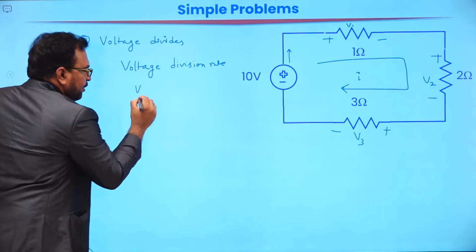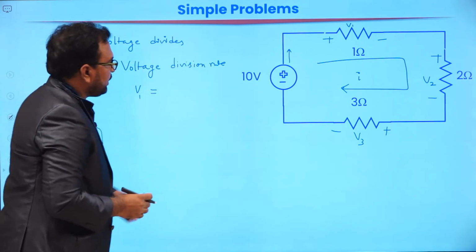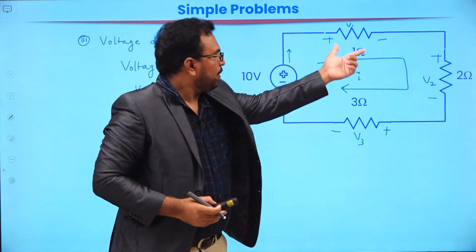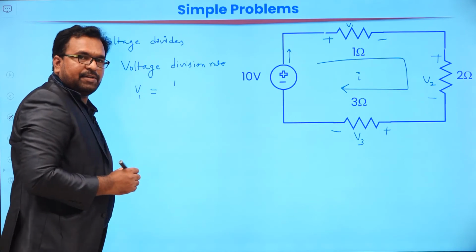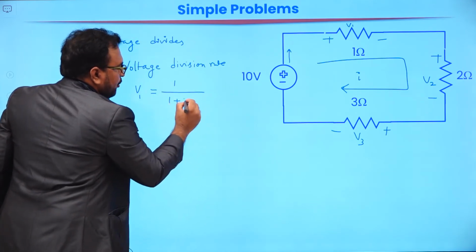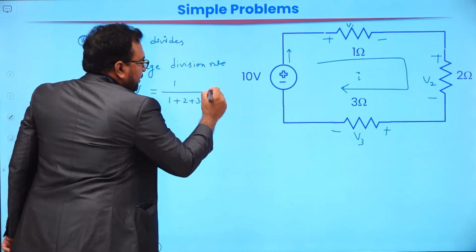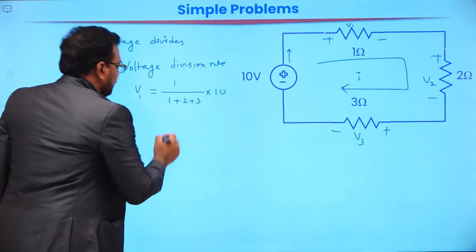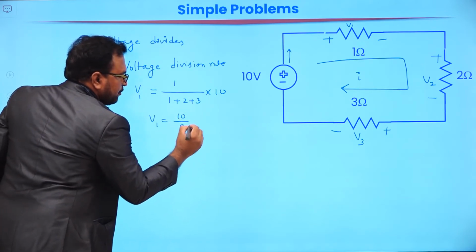If you want to calculate V1, so the V1 is nothing but voltage across 1 ohm. When you want to calculate voltage across 1 ohm, in the numerator you have to write the resistance value itself divided by the total resistance 1 plus 2 plus 3 into the total voltage 10. So that means V1 is 10 divided by 6 volts.